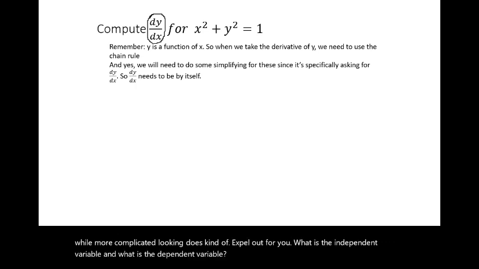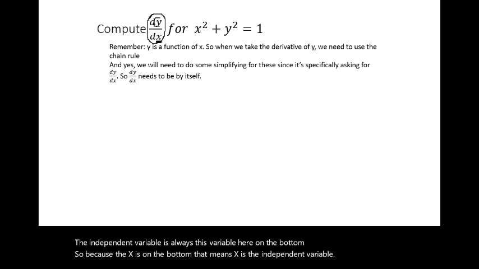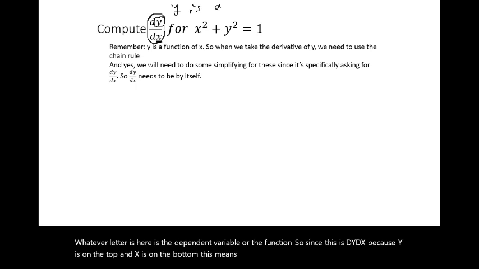The independent variable is always this variable here on the bottom. So because the x is on the bottom, that means x is the independent variable. Whatever letter is here is the dependent variable or the function. So since this is dy dx, because y is on the top and x is on the bottom, this means that y is a function of x.